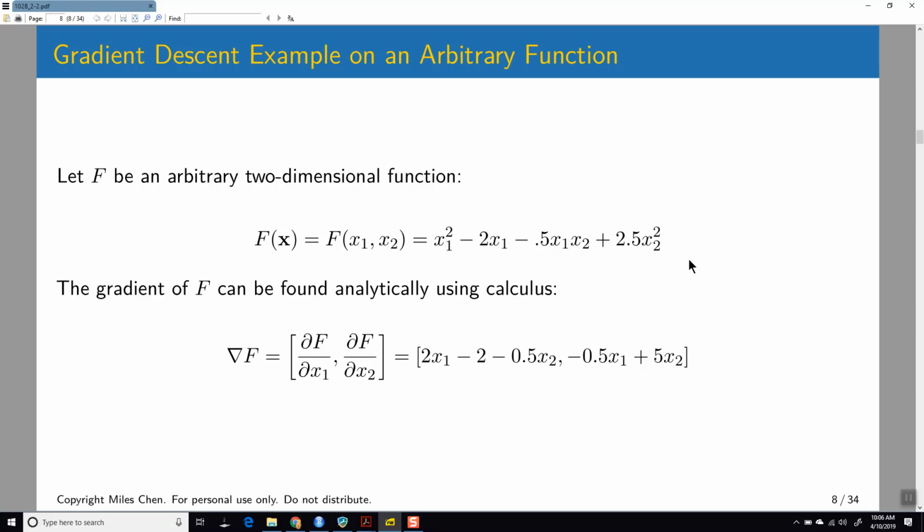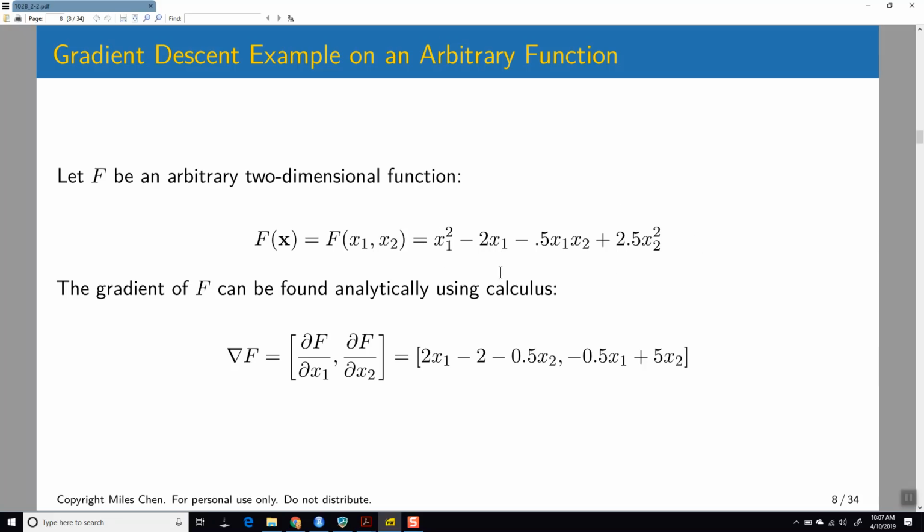If you want to find the gradient of f with respect to x, x being a two-dimensional vector, your gradient is also going to be a two-dimensional vector. So x consists of x1 and x2, and the gradient will consist of df dx1 and df dx2.